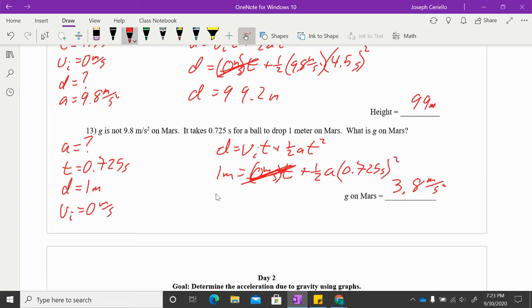All right, so on the left side here, we have 1, right? And then I'm going to multiply both sides by 2 to get rid of that 1/2 on the right side. So I'm going to get 2 equals a times 0.725 squared, right? You can throw that in your calculator, divide both sides by 0.725 squared, and you can get your value for g, all right?